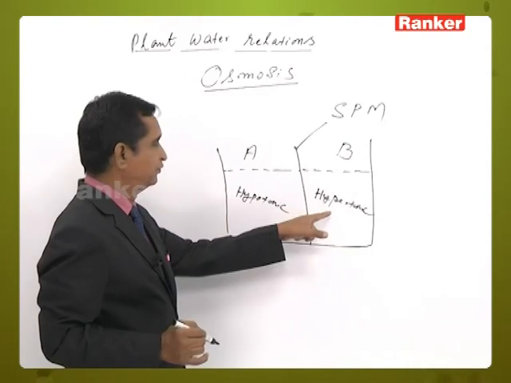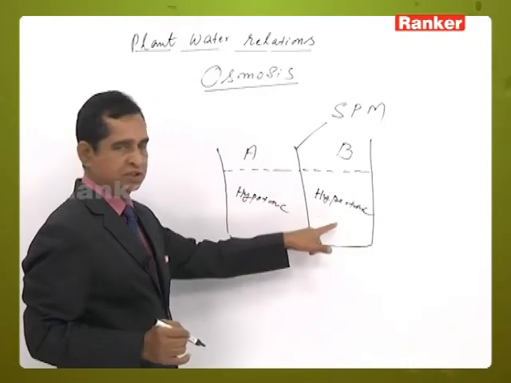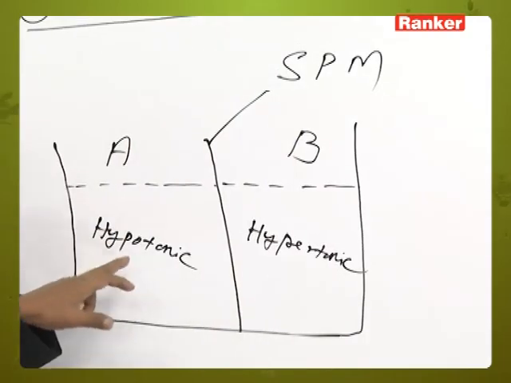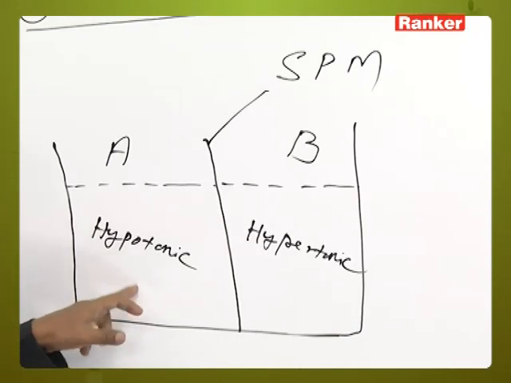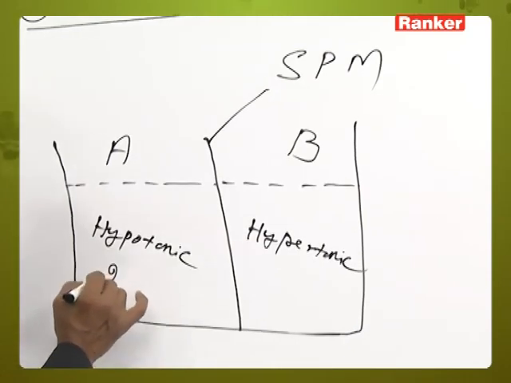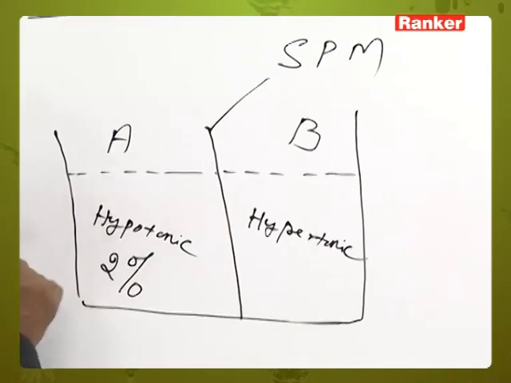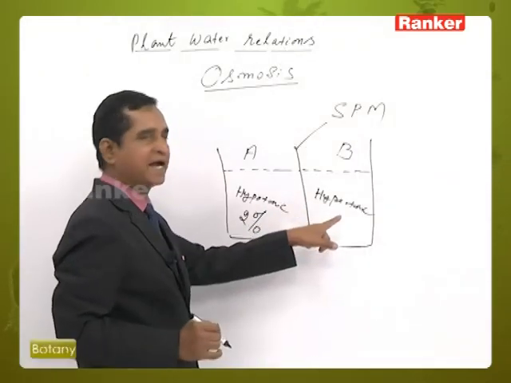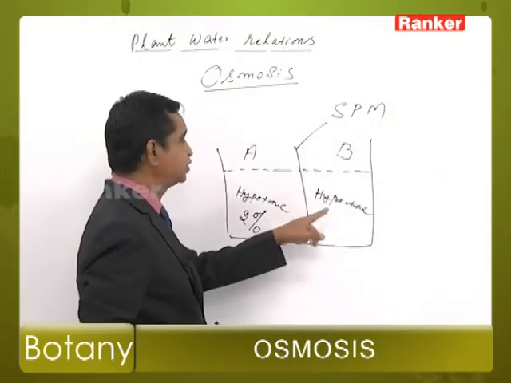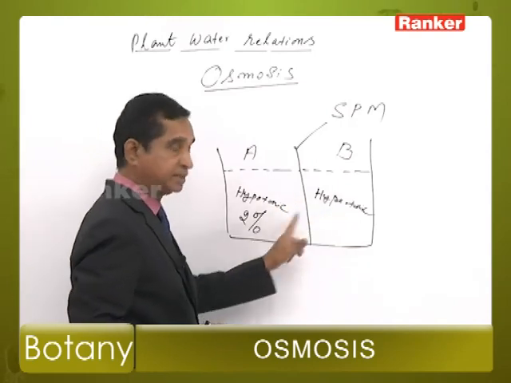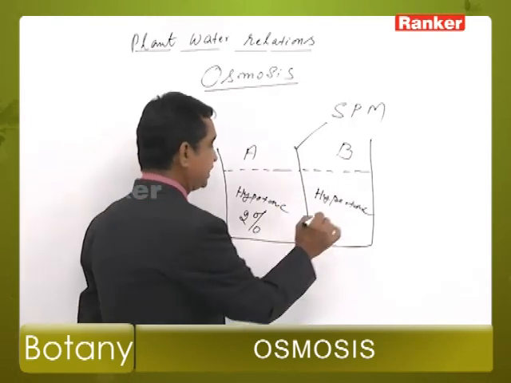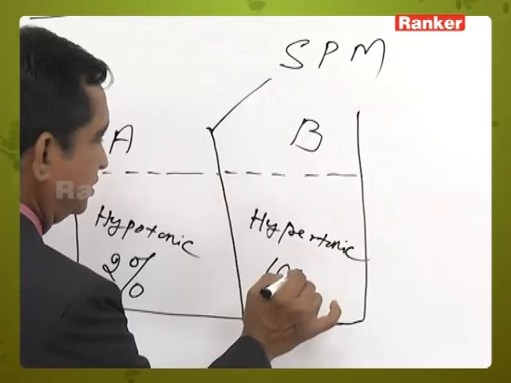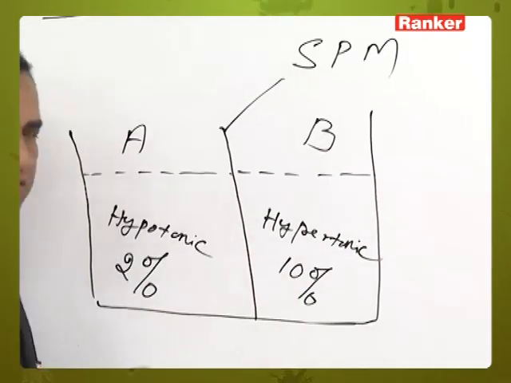Means, when you compare these two solutions, its concentration is low. Say for example, it is 2% solution, and it is hypertonic, means it should be more concentrated than this. Say it is 10% concentration.